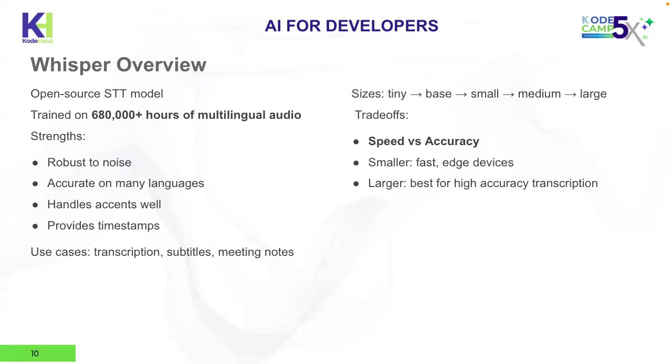So the tiny Whisper has about 39 million parameters, right? Those 39 million parameters are pretty good, but they are not enough to do a really good job on some kind of task. So you may find yourself in a situation where it's not giving you very good output, right?